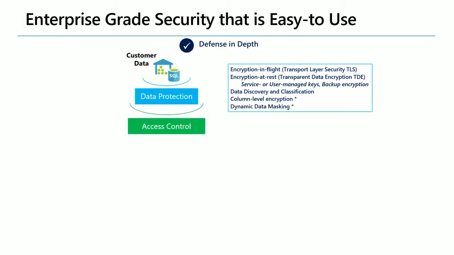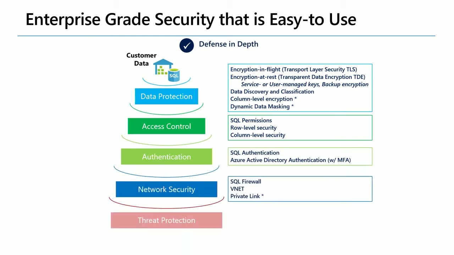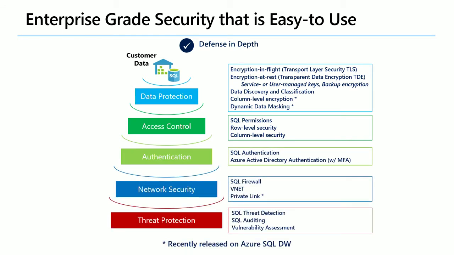So from an enterprise standpoint, enterprise-grade security, Microsoft and Azure SQL has got the best, most robust end-to-end set of security features for you. When we talk about this defense in depth and going beyond just assume breach, we've got multiple layers now of ability to secure your data, secure your systems.